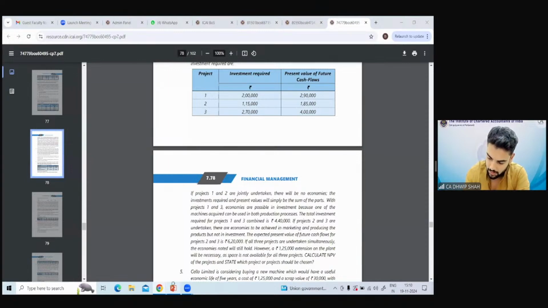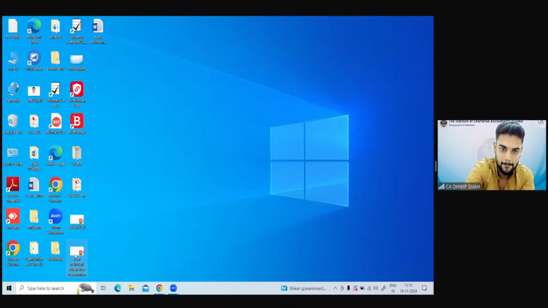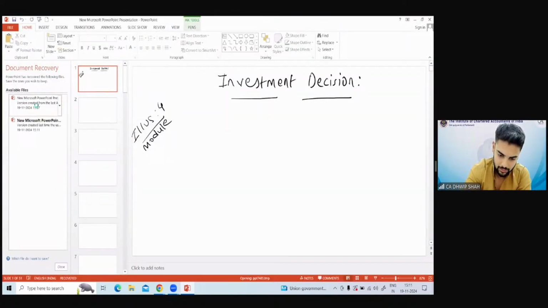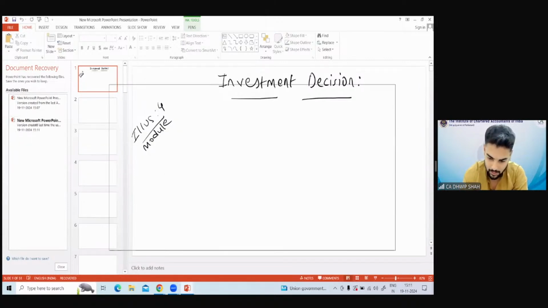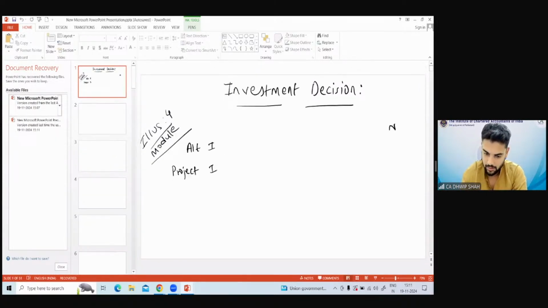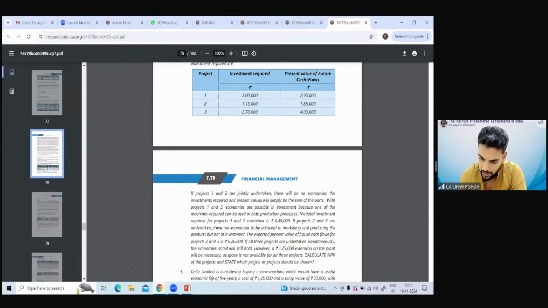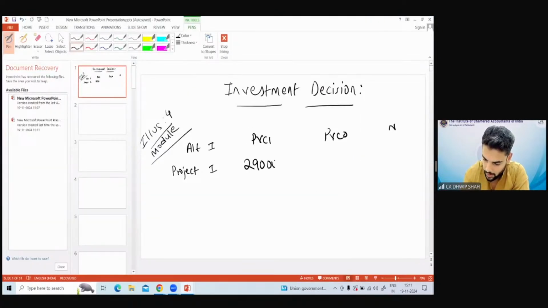For project 1, it is 290 and 2 lakh, so NPV is 90,000.